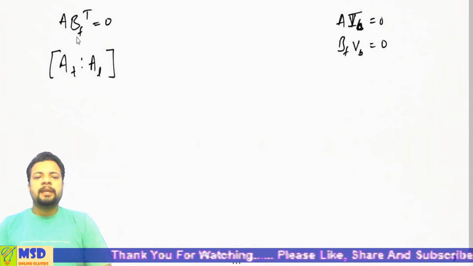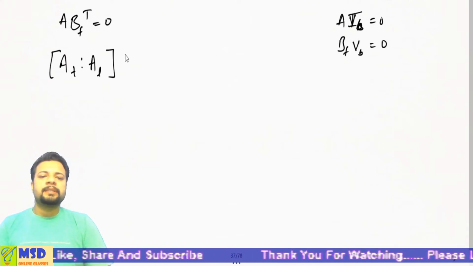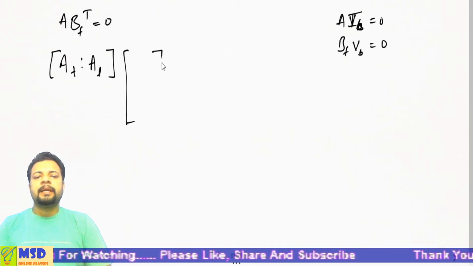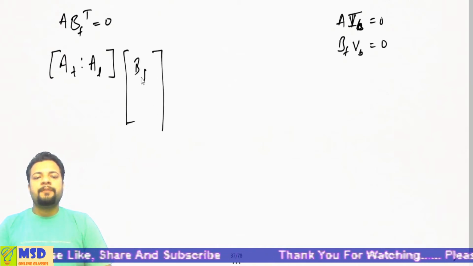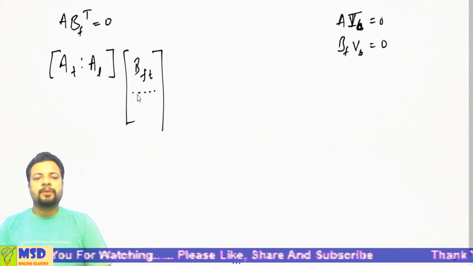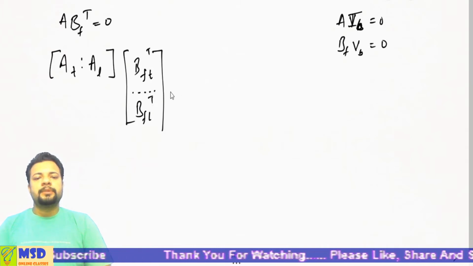Similarly, I'm again doing the same with the fundamental tie-set matrix as well, and since we have taken the transpose, I'll be writing it as BFT transpose, that is twig, and BFL transpose.